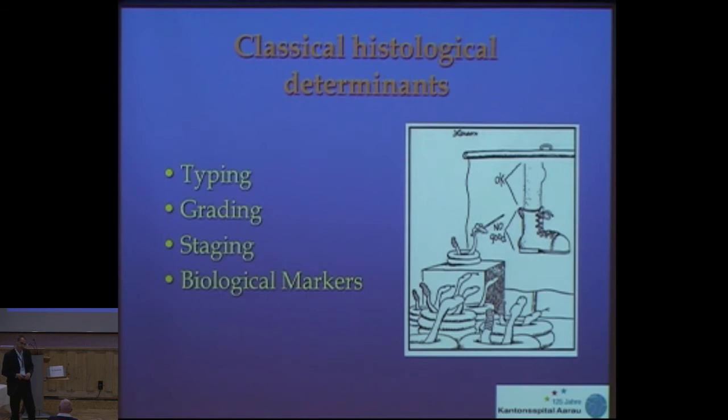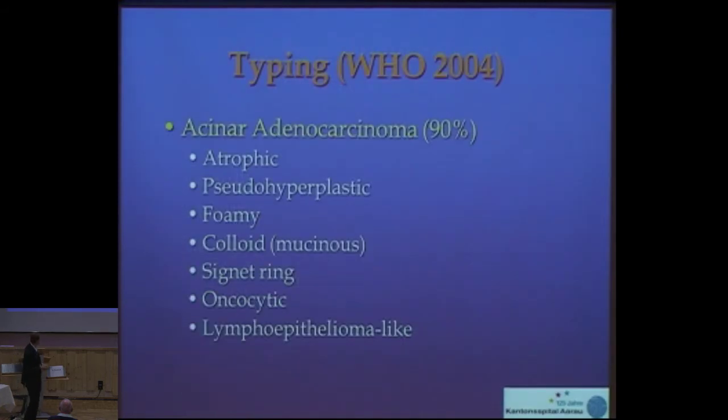Now, the subtyping of the tumor is one of the important things that gives you the options for the therapy. So without typing of lung cancers, you can't plan a very good therapy for lung cancers anymore. And I hope that we need more studies on this issue as well.